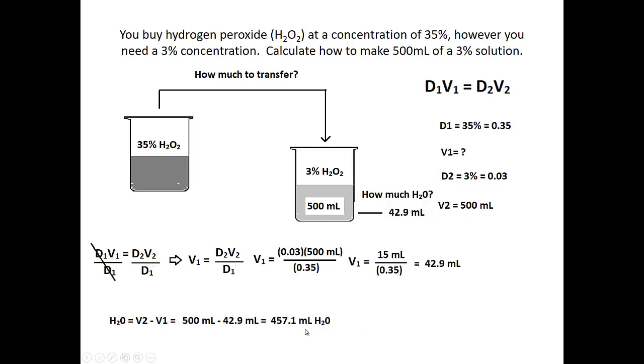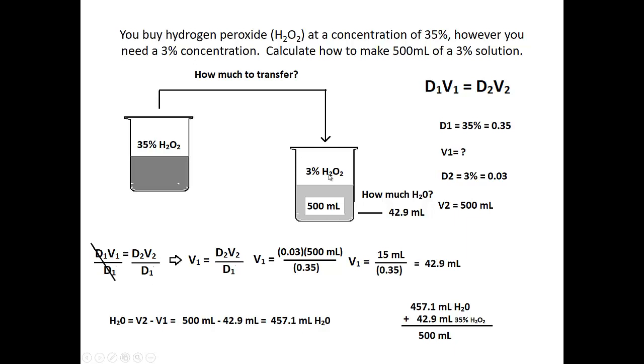The difference is the exact amount of water. In this case, 457.1 mLs of water. So when we add the 457.1 mLs of water to the 42.9 mLs of 35% hydrogen peroxide, we get exactly 500 mLs of a 3% hydrogen peroxide. And that is how we do it.